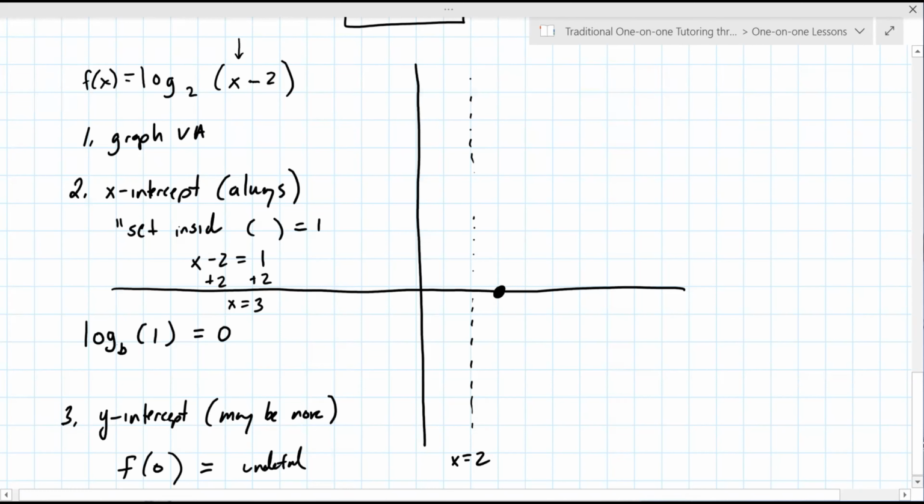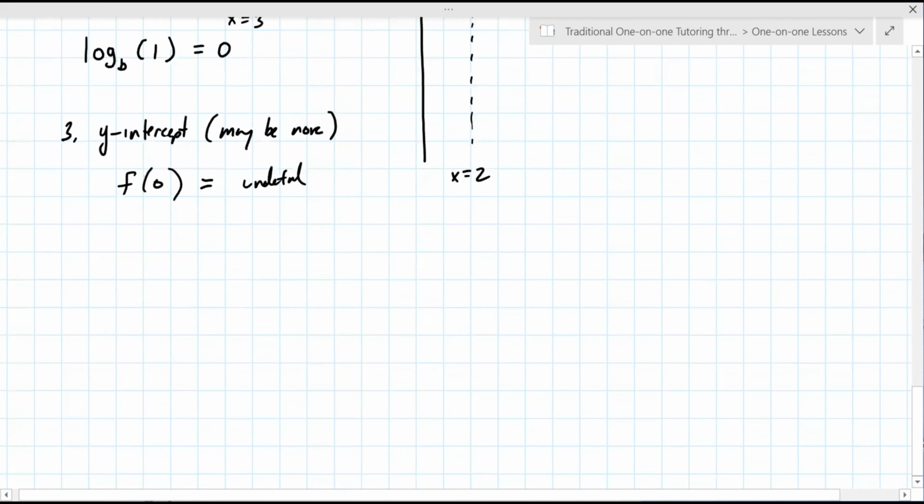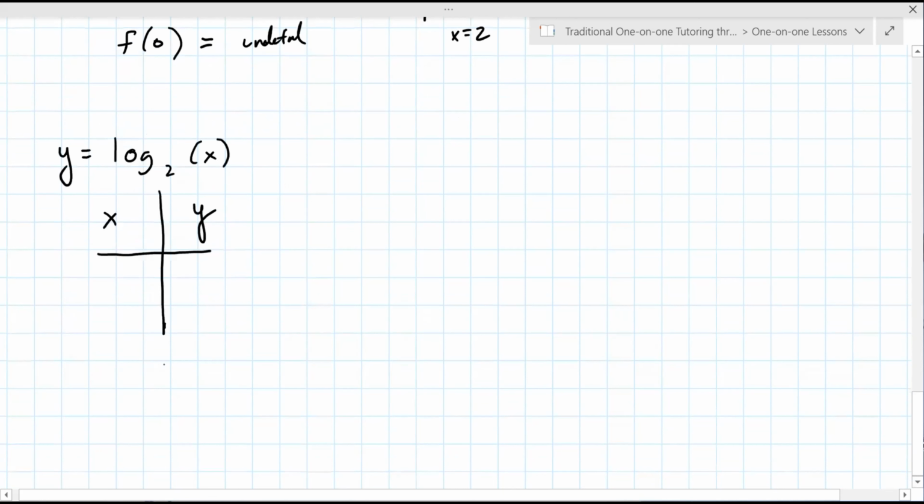So let me come off to the side here. Log base 2 of x. If we make a table here and we let x and y be our values, let me grab a few in here. So when x is 1, this is y equals log base 2 of 1, and that is 0.